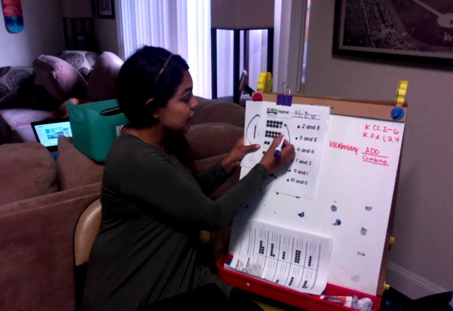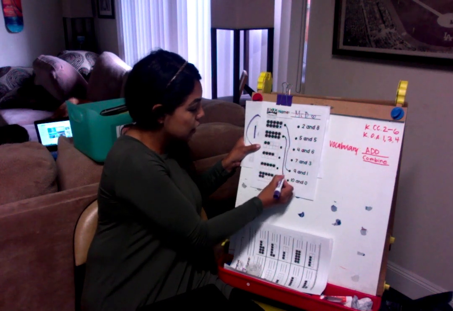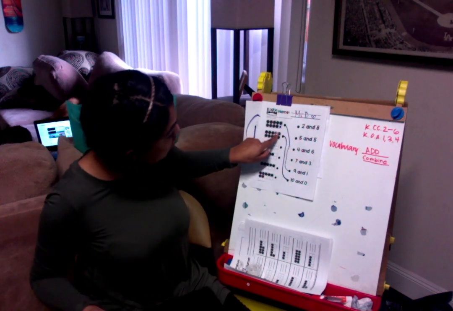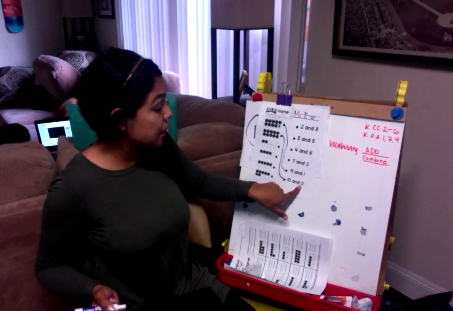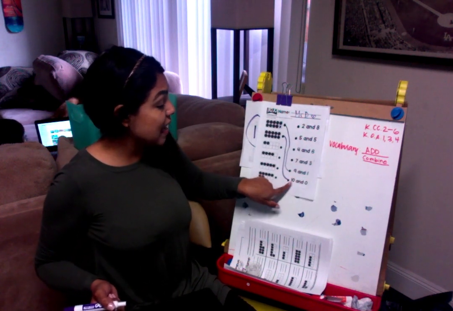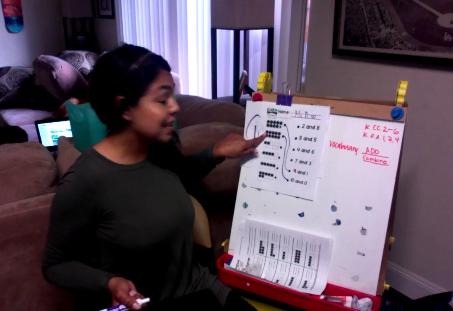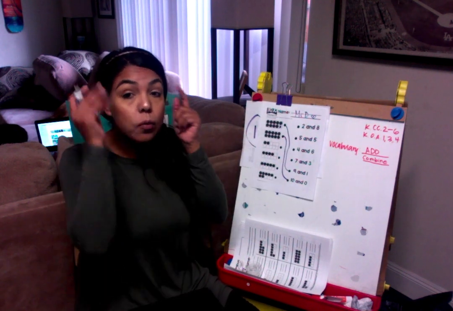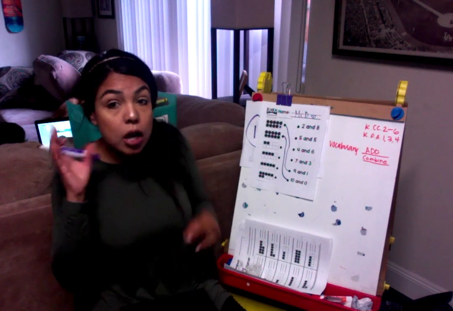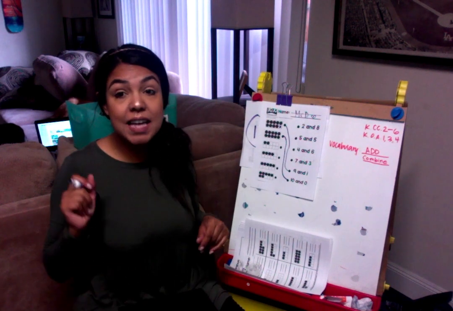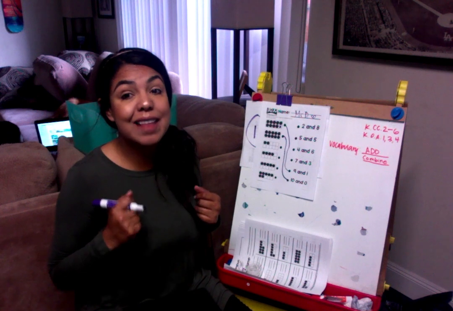So here we go, my 10 frame all the way to the bottom. There we go. I made a connection from this 10 frame to this statement down here, 10 and 0, because 10 and 0 are friends of 10, and that 10 frame matches this 10 frame. So think about what's going to match. We already know all the numbers and the friends of 10. So now it's just about putting them together, okay?